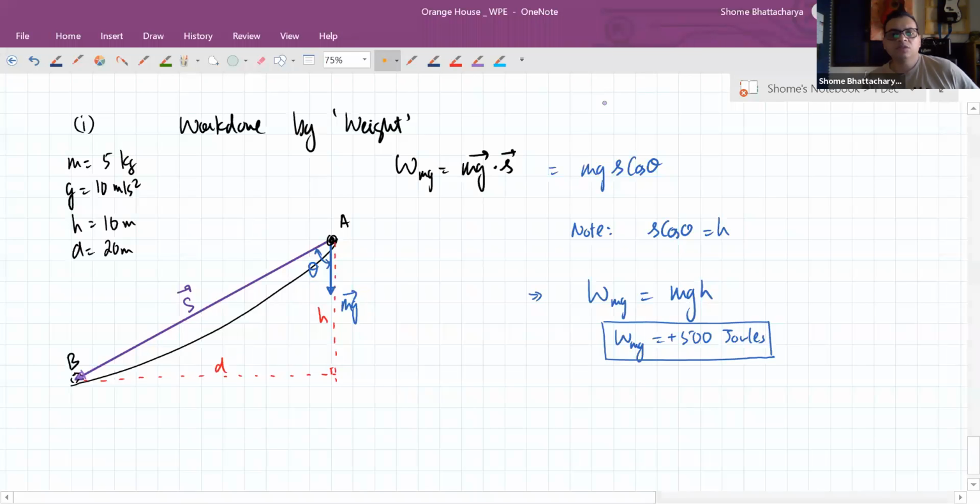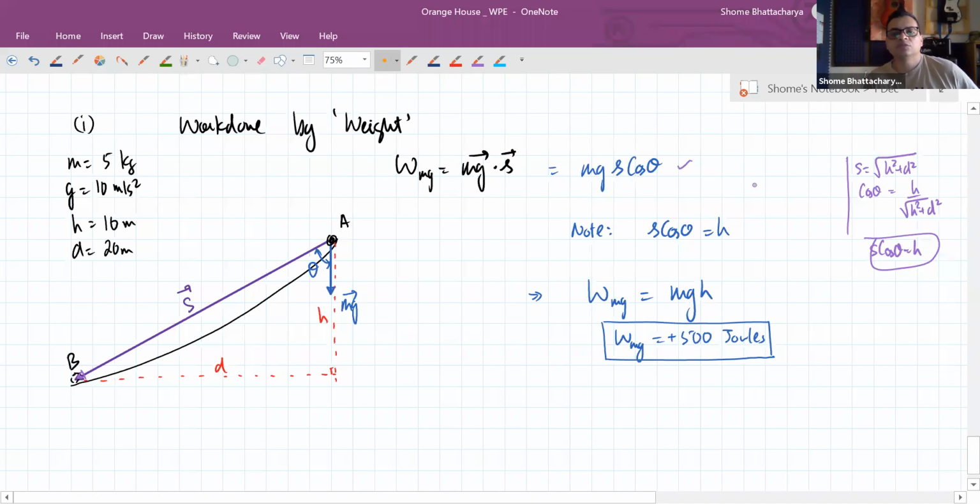Yes, we can find it, but there is no need for that. What we need to find, see, is s cos theta. We can find s. Obviously, s is square root of h square plus d square. But then we'll also have to substitute cos theta. So cos theta will be how much? h upon square root of h square plus d square. So ultimately, we will end up calculating s cos theta as h only.